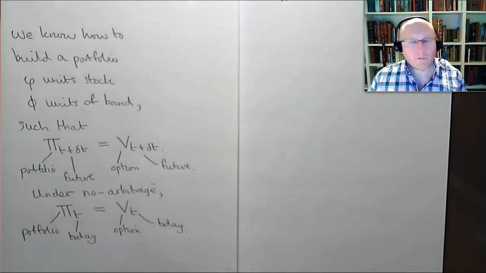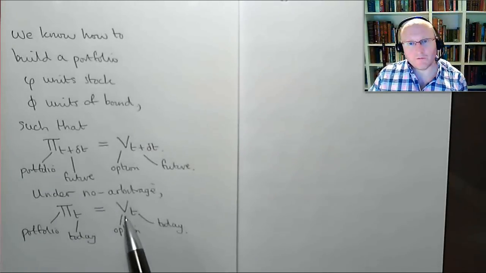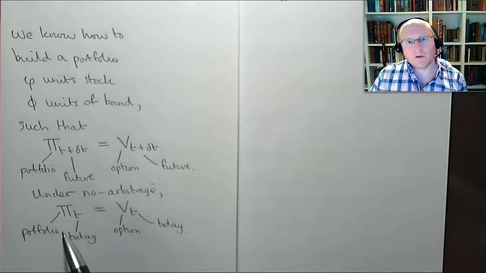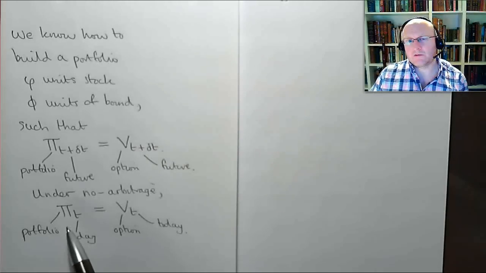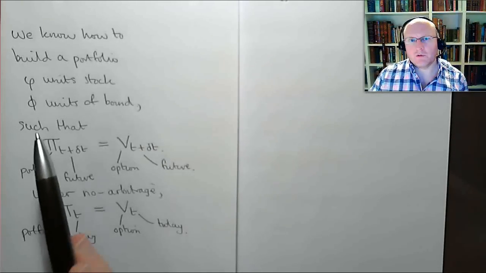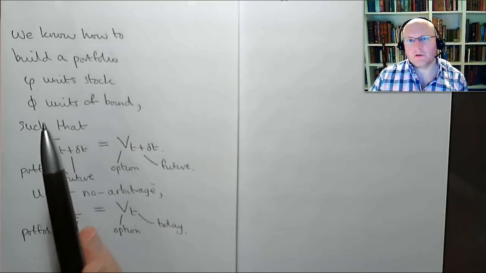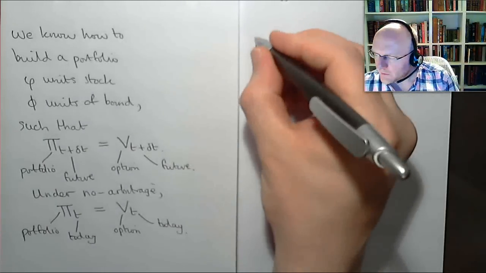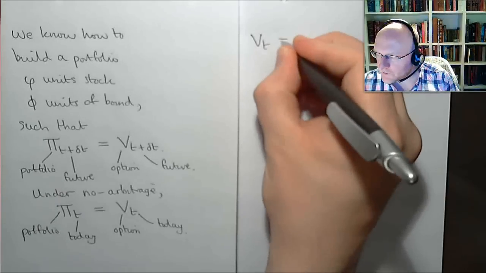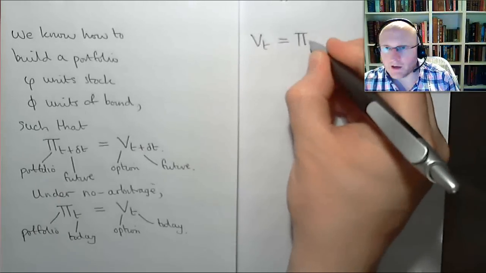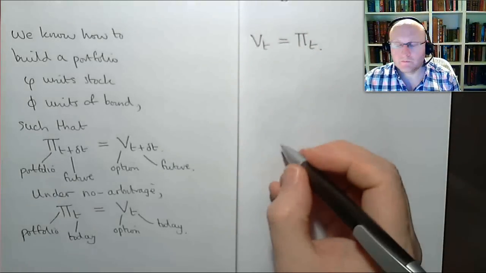today. Okay, so we know that today's value of the option is equal to today's value of our portfolio, and we can figure out today's value of our portfolio because we now know what these constants are up here. So let's do that. So today's option value, the thing we want to calculate, is the same as today's portfolio value.